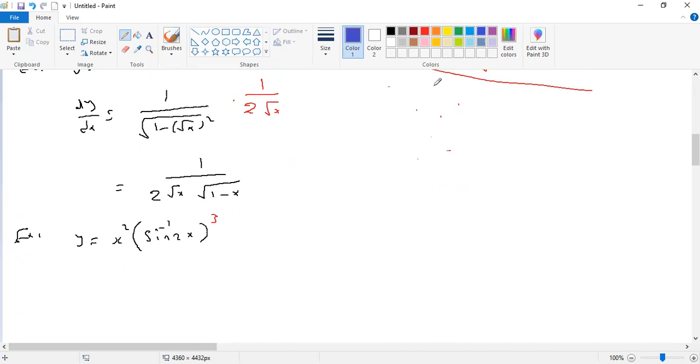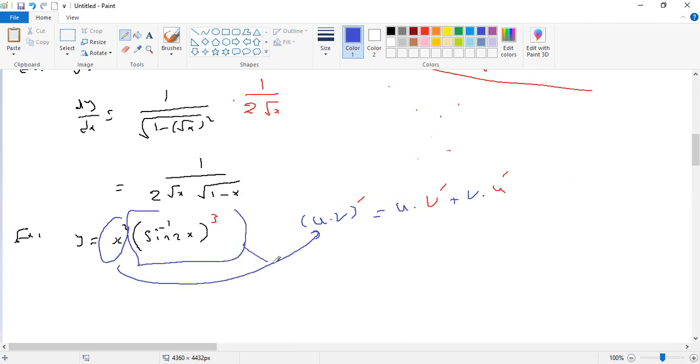The product rule for u times v: the derivative equals the first one times the derivative of the second one, plus the second one, v, times the derivative of the first one. So this one represents the u, and all of this one represents the v.